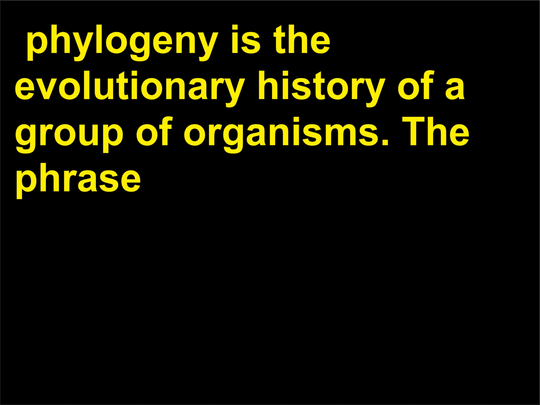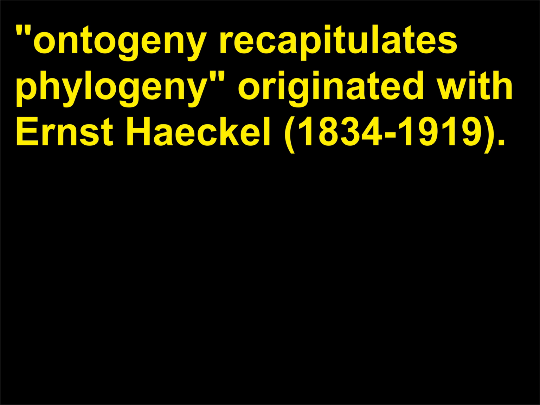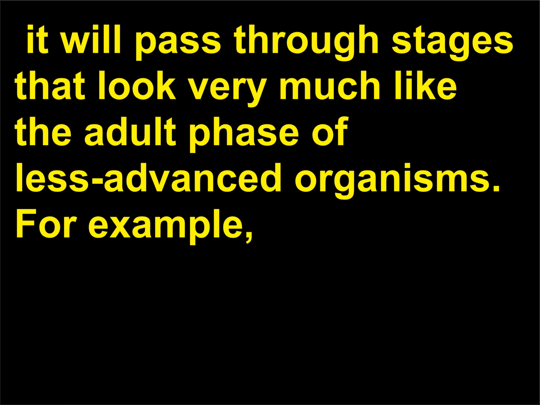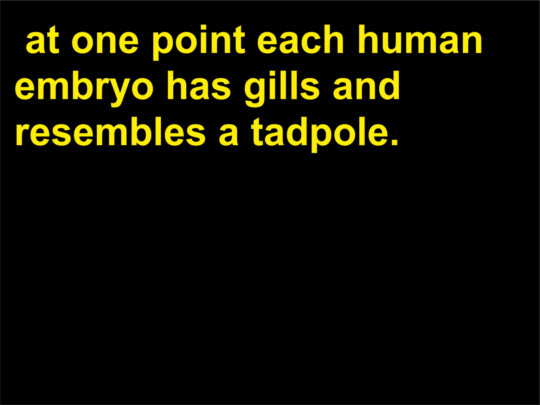The phrase originated with Ernst Haeckel, 1834–1919. It means that as an embryo of an advanced organism grows, it will pass through stages that look very much like the adult phase of less advanced organisms. For example, at one point each human embryo has gills and resembles a tadpole.